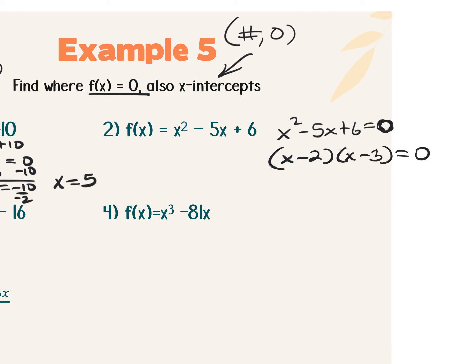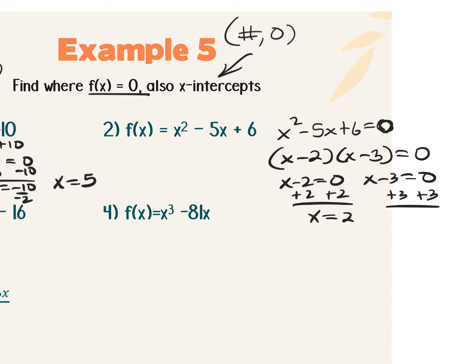Believe it or not, this trinomial is hard for a lot of people because some people pick 6 and 1 because they don't realize that the signs have to be the same. So be very careful even on these easy ones. So now I set x minus 2 equal to 0, x minus 3 equal to 0. Add 2, x equals positive 2. x equals 3. So when we go to graph this, these are our x-intercepts, and this is a parabola.